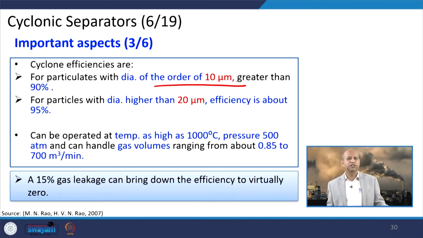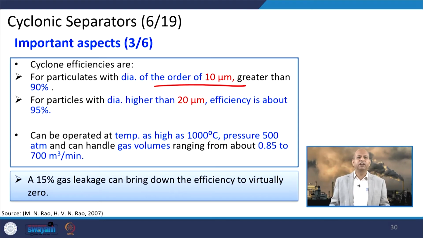If particles are of the size of 20 micrometer or so, then efficiency further increases to 95%. More coarse particles naturally have more mass, so removal efficiency is more. It can be operated at high temperatures like 1000 degree Celsius and pressure of 500 atmospheres, and it can handle gas volumes ranging from 0.85 to 700 cubic meter per minute.